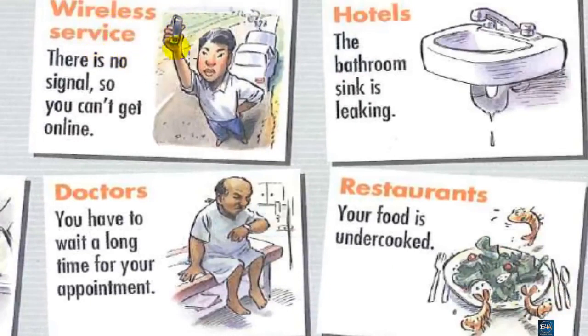If there is a problem in the wireless service, you take your mobile and you try to speak in the balcony. If the bathroom sink is leaking, no problem. If you are inside a hotel, you can ask someone to fix it.